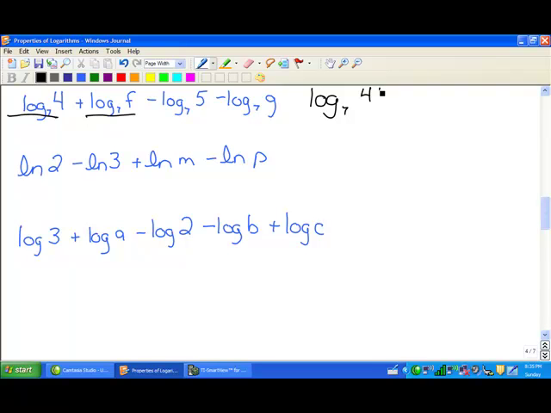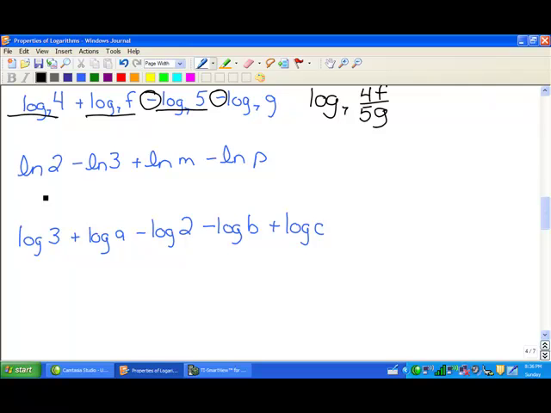The f would also have to be on the top of the fraction because its log is positive. When we're looking at log base 7 of 5, the 5 is going to have to go on the bottom because of the negative in front of its logarithm. And log base 7 of g, the g is going to have to go on the bottom because its log was negative. So contracted back to a single log, we'll have log base 7 of 4f divided by 5g.